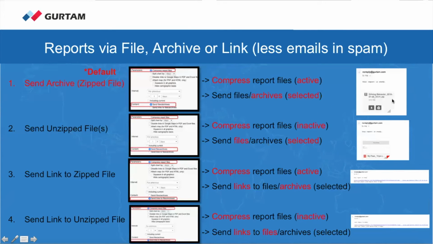However, many customers would prefer to get the report in the file. In this case, all you need to do is pay attention to the setting that says compress report files. By default, it's active, but you need to make it inactive, so just uncheck it.